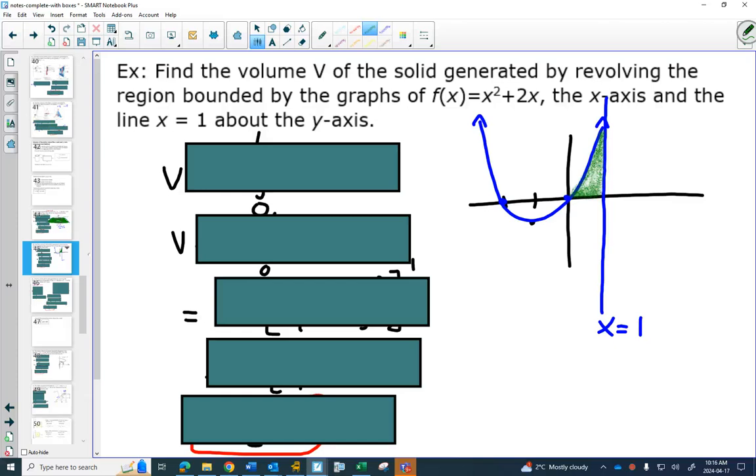That section in green is going to get rotated 360 degrees about the y-axis. I can even label this point: when x is 1, y is 3, just so we can visualize it even more. If I was rotating this and drawing it completely, I would replicate this on the other side.